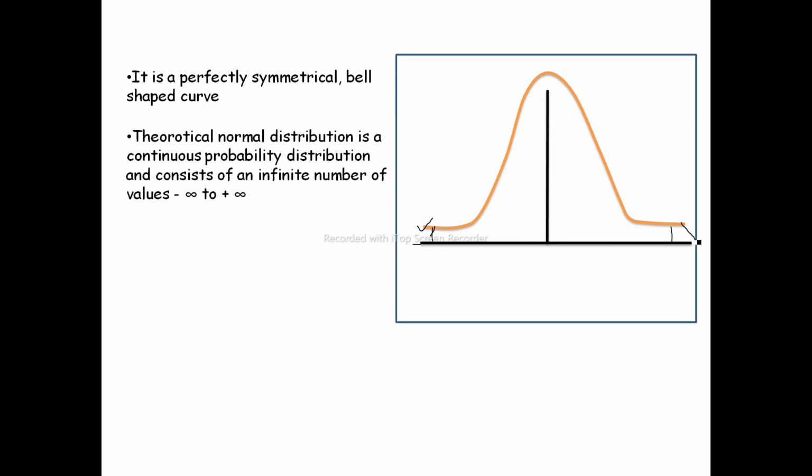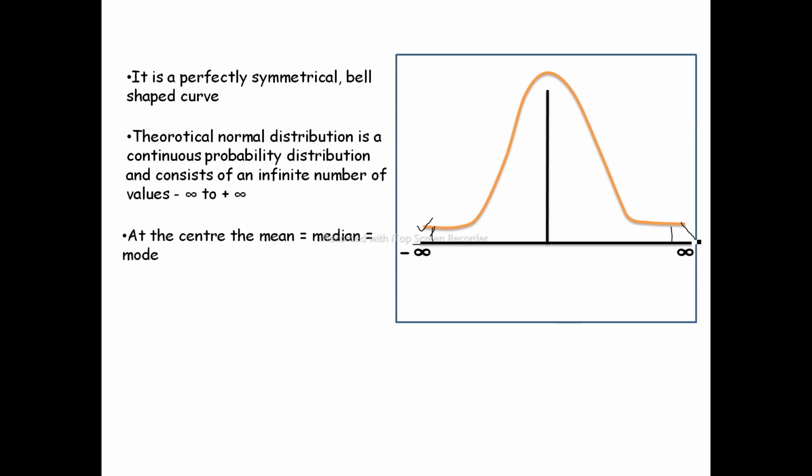Next, the theoretical normal distribution is a continuous probability distribution and consists of an infinite number of values from minus infinity to plus infinity. So this x-axis starts from minus infinity and ends at plus infinity.